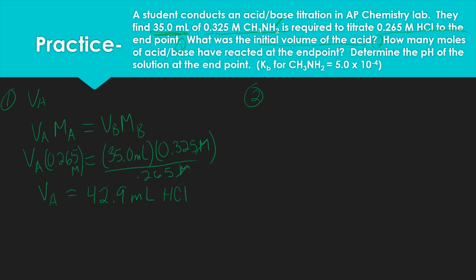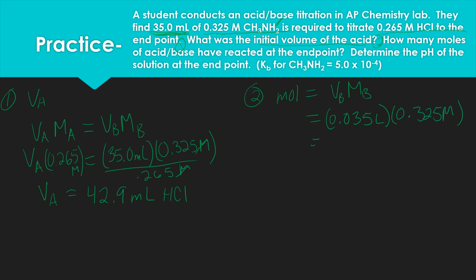So let's just use our base here. If I want moles, that is equal to my volume times my molarity. So that would be that 35.0 times, we do need to put this one in liters, so 0.035 liters, because liters times molarity gives us moles.